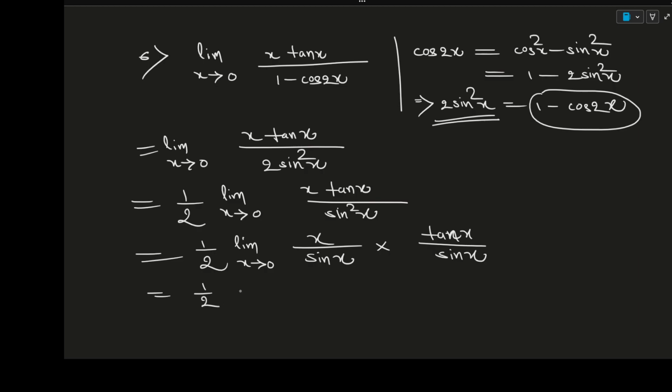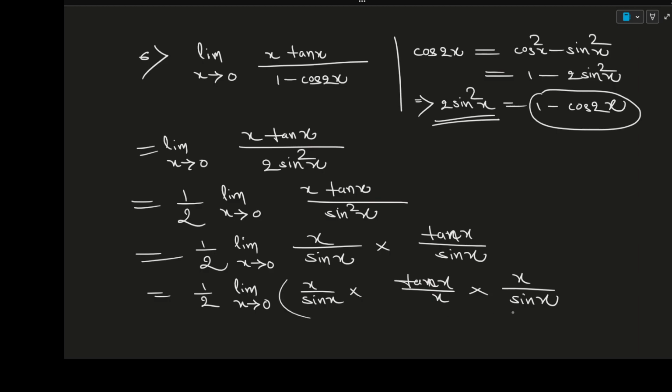So it is x by sin x into, dividing x in the numerator and denominator of this expression, it will be tan x by x into x by sin x.